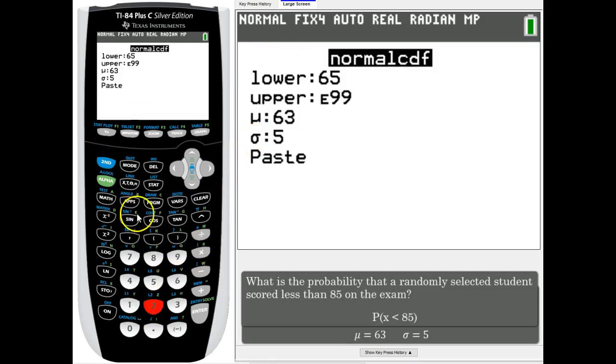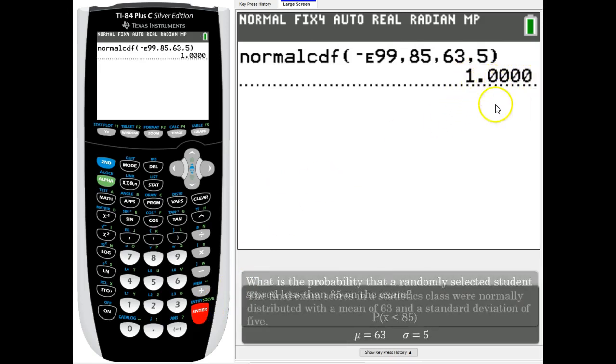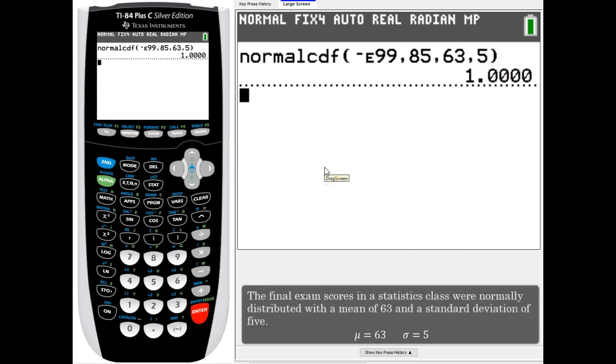My lower boundary this time is going to be an extremely small negative number. My upper boundary is going to be 85. My mean and my standard deviation remain the same. And we still get the same answer of 1.0000. So both ways will give us the answer.